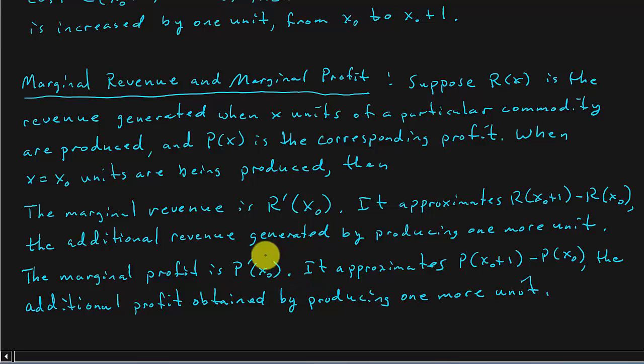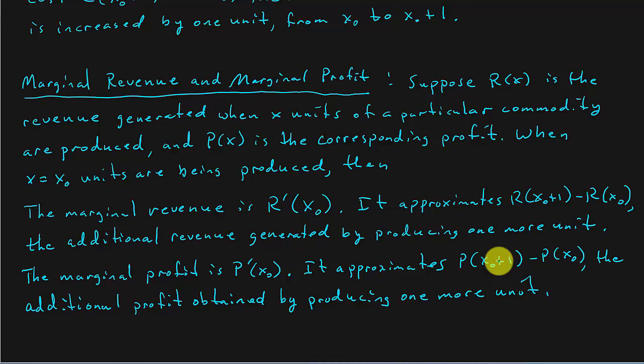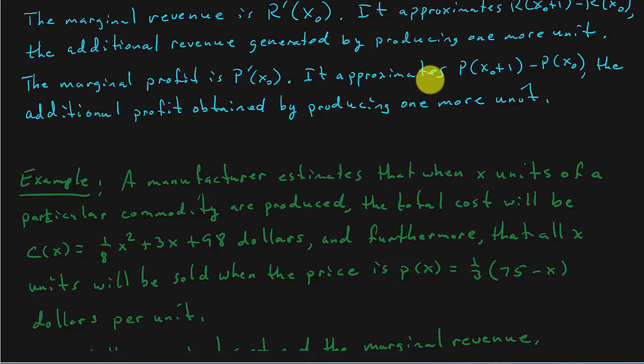And then marginal profit, it's the same thing, with the profit function. The profit of producing 1 more unit. All right, so let's go ahead and get started on some examples.